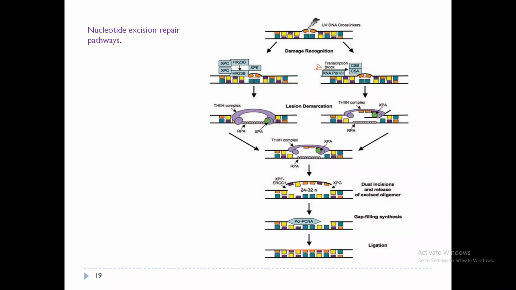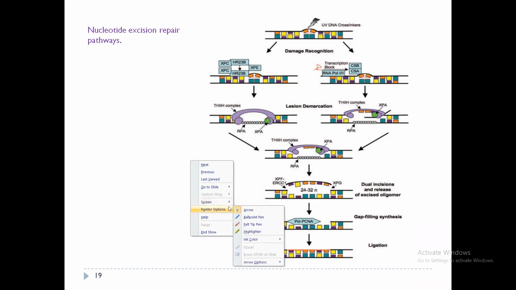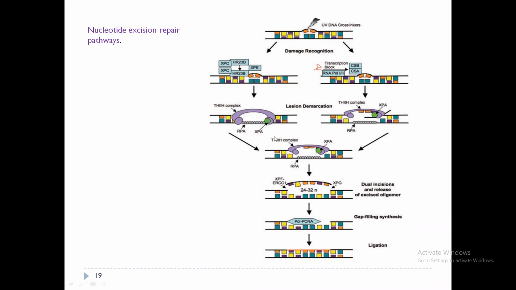So this is a picture which shows the nucleotide excision repair pathways. In this picture we can see there is first UV DNA crosslinking, then damage recognition, and it is occurring in two different ways. The two pathways, as we have read, are global genome and transcription coupled.